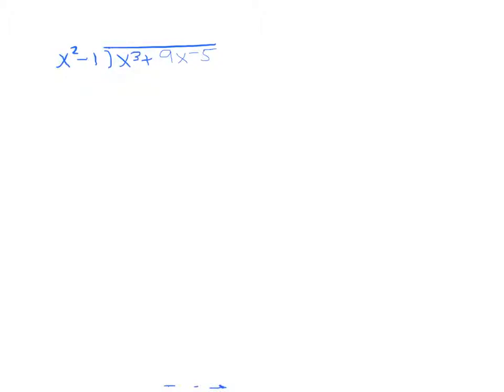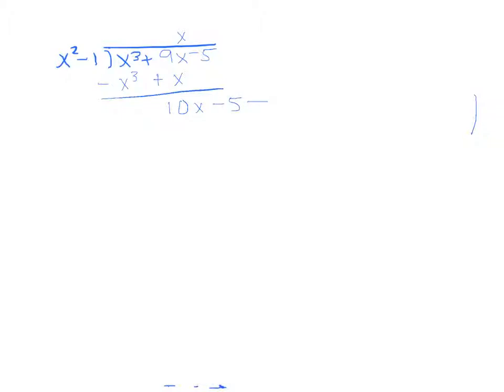So I think x squared times what gives me x to the third? That would be an x. And then I multiply everything in front of the division symbol. I would have an x to the third and a negative x. And then I have to subtract everything that was in there. Then that would let me cancel the x to the thirds, and I would have 10x. And as I look at x squared, and I think x squared times what gives me 10x, nothing's going to help me there. So I'm starting to get a remainder. I would bring down the minus 5 for my polynomial.